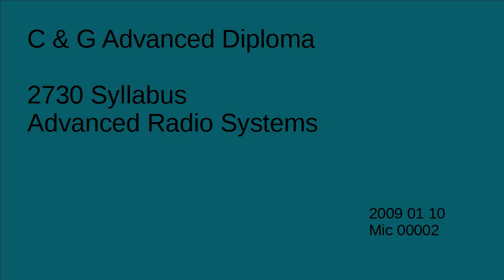AE, electrically effective aperture of the antenna. What is effective aperture? That means the aperture which is actually effective for collecting power.